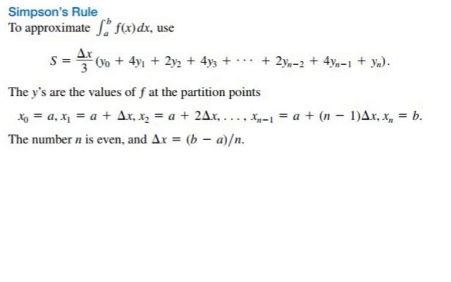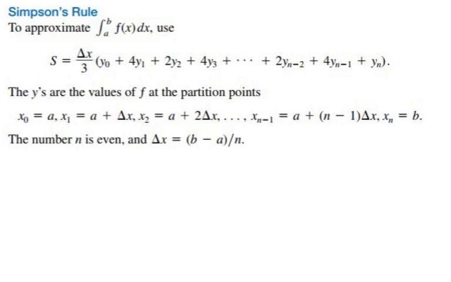Essentially, it is when whatever we're trying to integrate is difficult to integrate. And so we say, hey, we're going to use this rule, which will get me an approximate value, which is close enough that I can say, well, the integral is almost this.